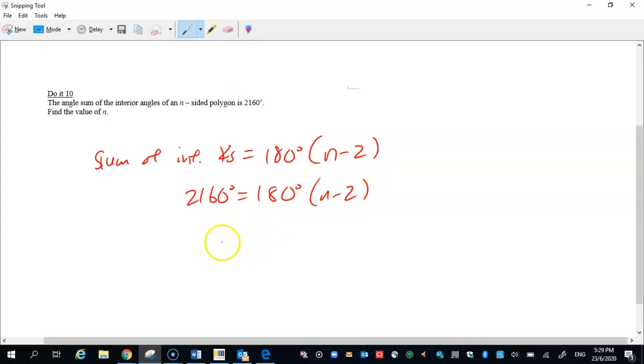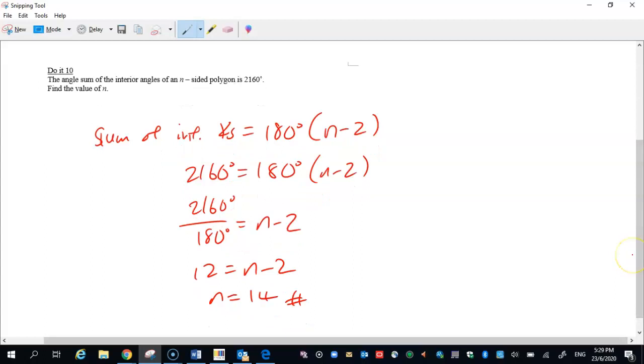So now we have 2160 degrees equals 180 degrees times n minus 2. Then you do the same steps here: 2160 degrees over 180 degrees equals n minus 2. This is 12 equals n minus 2, so n equals 14. That will be the number of sides for this polygon with a sum of interior angles of 2160 degrees.